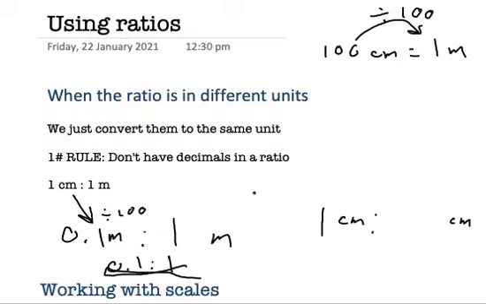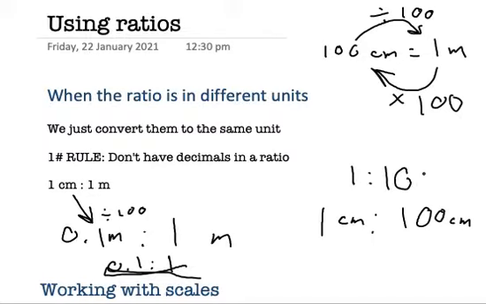The other side, I have 1 meter, and I need to convert it to centimeters. How do I get from meters to centimeters? I am going to times by 100, yeah? How I get from 1 to 100 is I times by 100. So that means I have 100 centimeters. Now this one, we've got no decimals. Our ratio, we can write it as 1 to 100.